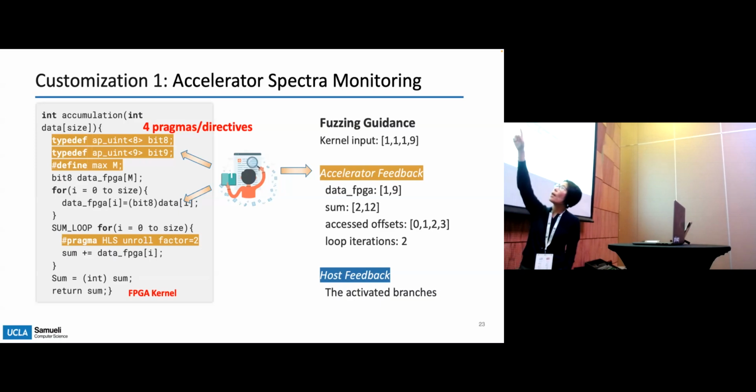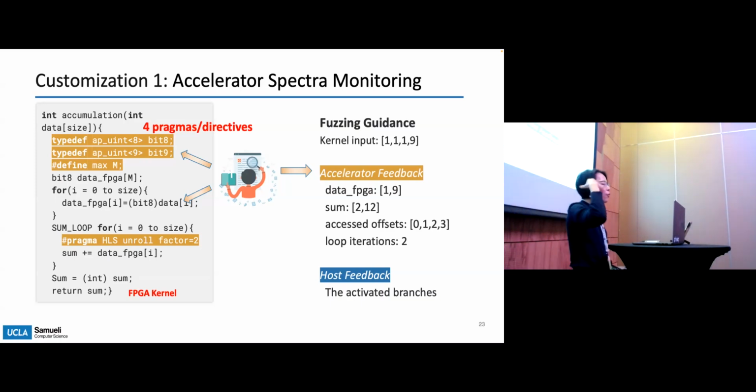For example, that hardware pragma or type definition will say an integer is an 8-bit integer, and also it's going to do data flow optimization and unroll factors. With an unrolling factor of 2, we create a monitor that checks for value ranges or access offsets, or listens to the loop iteration, and use that as feedback.